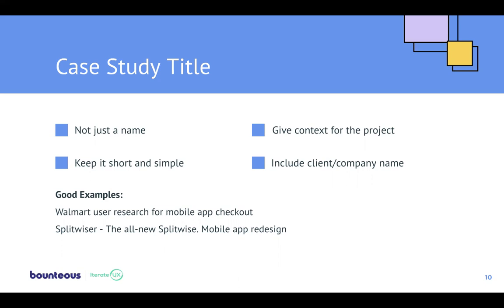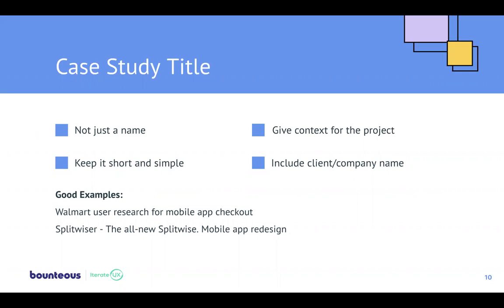If you're doing a fictitious project, as in the hackathon, or any other project which is not a live client or a real-time company, you can also include what your app is mainly related to. For example, the good example which I've mentioned here is Walmart user research for mobile app checkout.